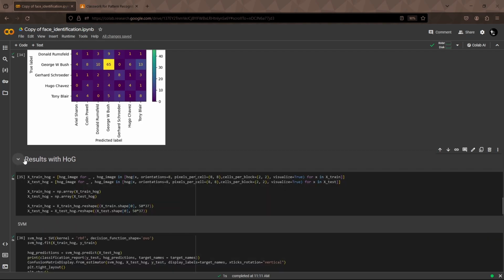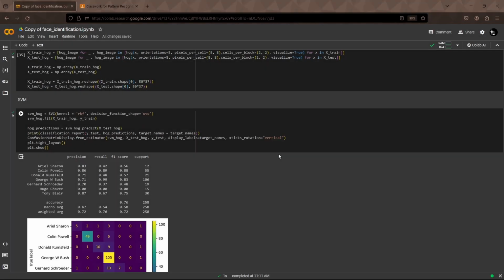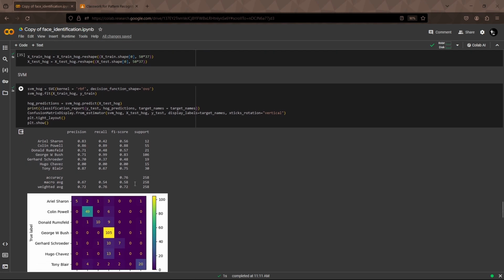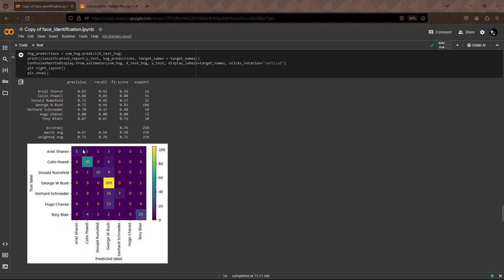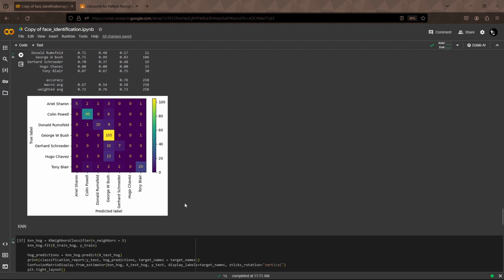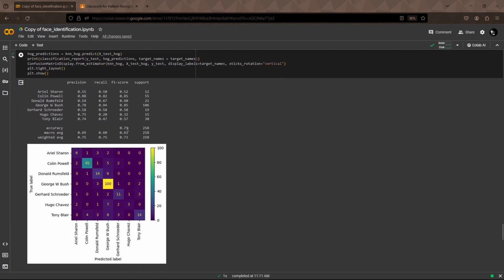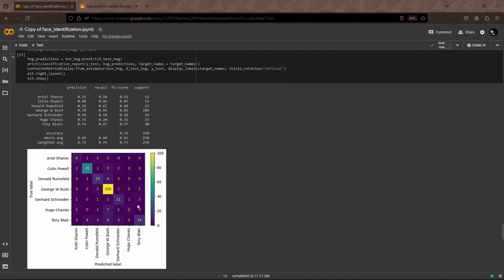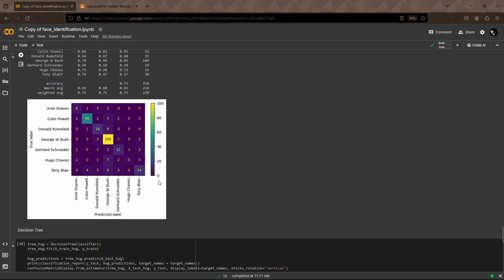And now these are the results with HoG. HoG gave us much better results overall. The accuracy rose to 76% for SVM, and you can see the matrix is kind of diagonal. If we go on to the KNN, we can see the accuracy has gone down a bit, but it's still much more diagonal than this matrix.